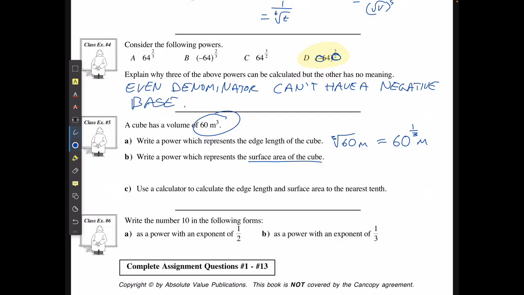Then I'm going to say that in order to get the area of one side, it would be the edge length squared, which means that if this is the edge length and I want to square it, I'm going to take that and add a 2 in the numerator. And then I'm going to say that there's 6 sides. So I'm going to put brackets around it and multiply all this by 6 to find the surface area.